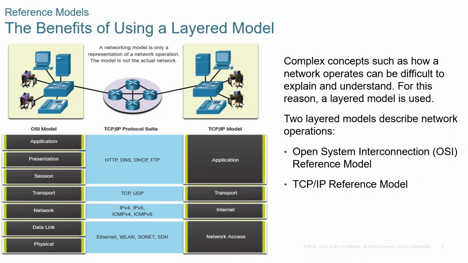All right, so just a quick review of the OSI layers. What are the benefits of using a layered model? It simplifies the complex concepts of networking, because there are many things involved in networking. There are protocols, there are operating systems, there are hardware devices.